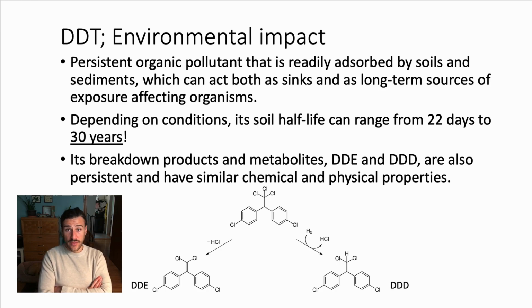So DDT actually can stay in an ecosystem for several years. Depending on the conditions and its soil half-life, the chemical actually can exist from 22 days all the way to 30 years. So a pesticide that does not break down for 30 years, that's rather alarming.